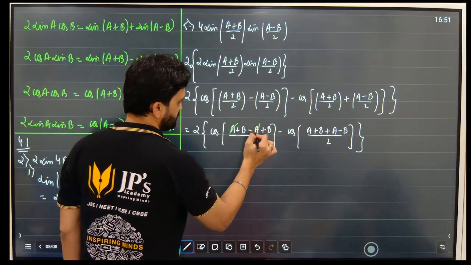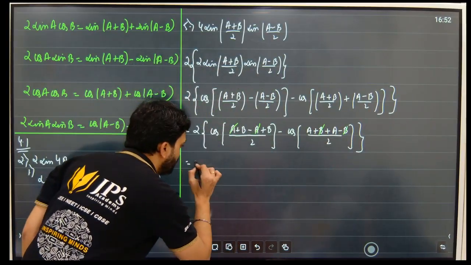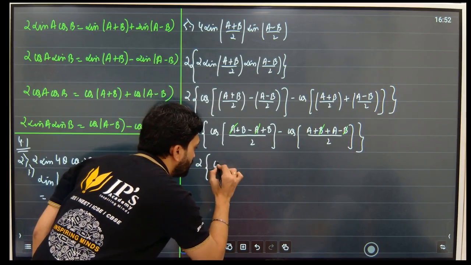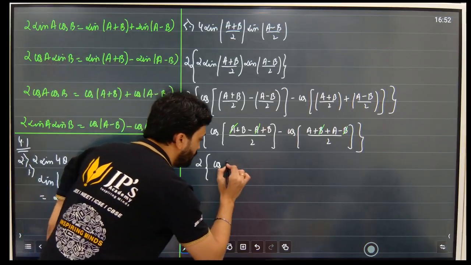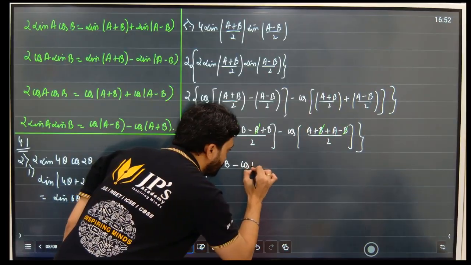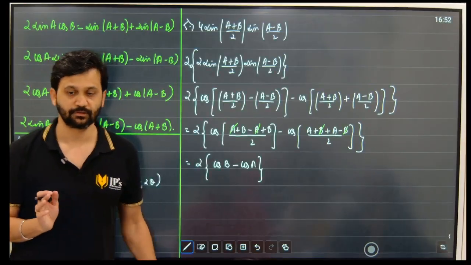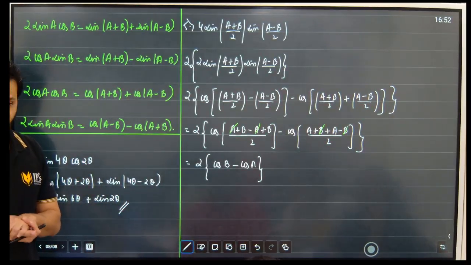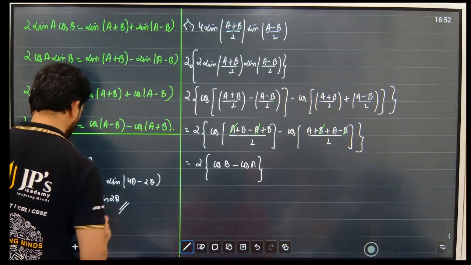This a gets cancelled, this b gets cancelled. So I am left with twice of cos of b plus b is 2b, 2b by 2 is b, minus a plus a is 2a, and this will become cos a. Have you understood this? Anybody has any doubts?